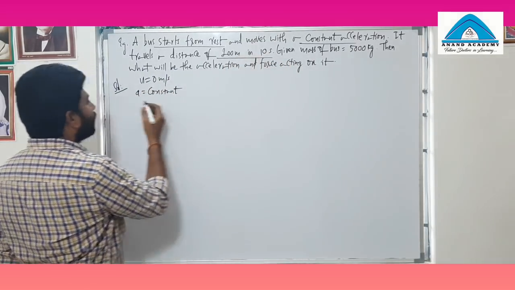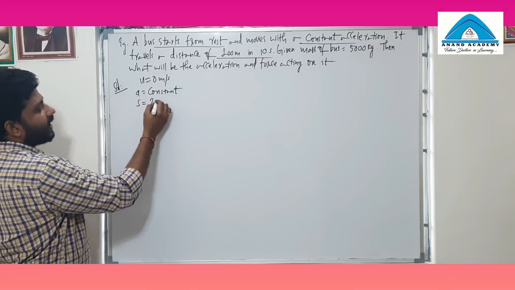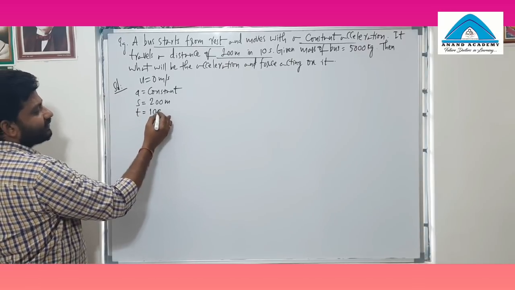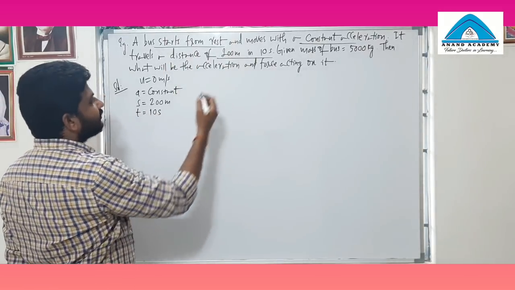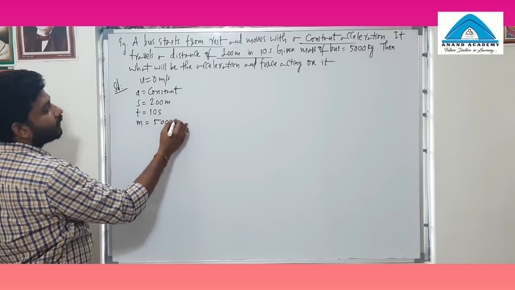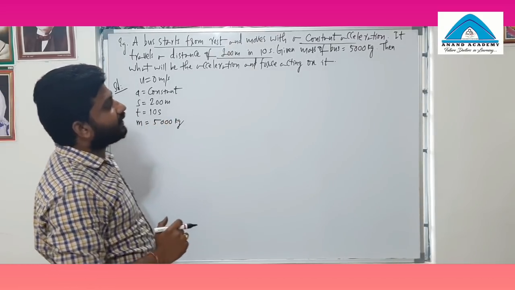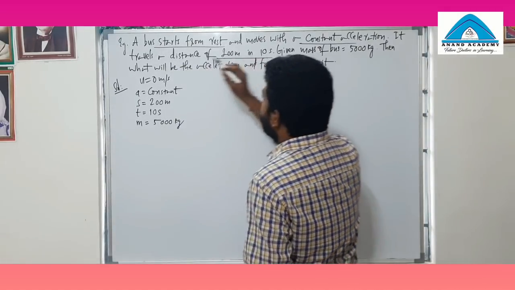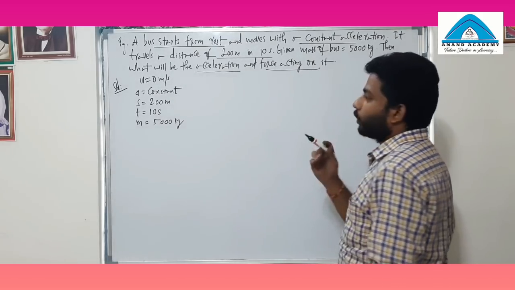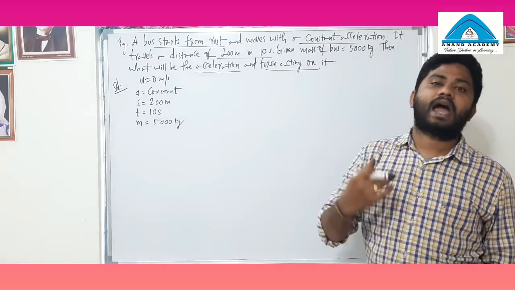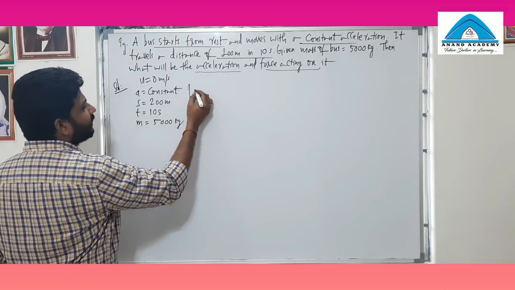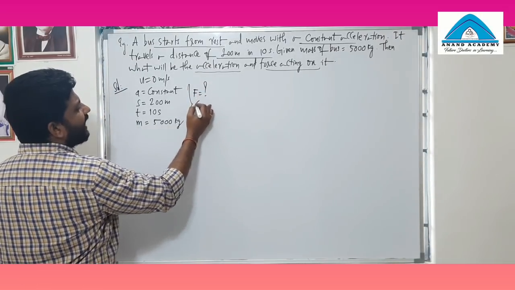Given, so distance traveled is 200 meters and time is 10 seconds. And mass of the bus is given, which is 5,000 kilogram. We need to find the acceleration and force acting on it. So the aim of ours is to find the force and acceleration.